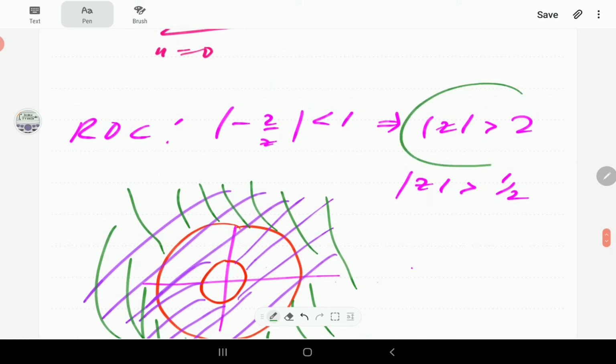So that's giving us this one, which is of course the required region of convergence. So that is that.